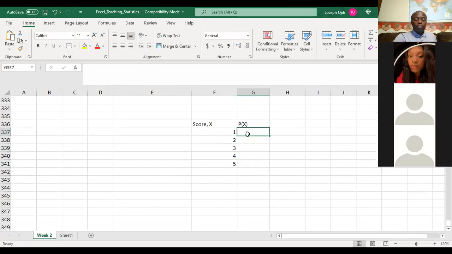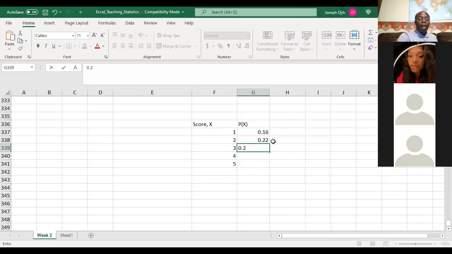And the probability of S to be 0.16, 0.22, 0.28, 0.20, 0.14.